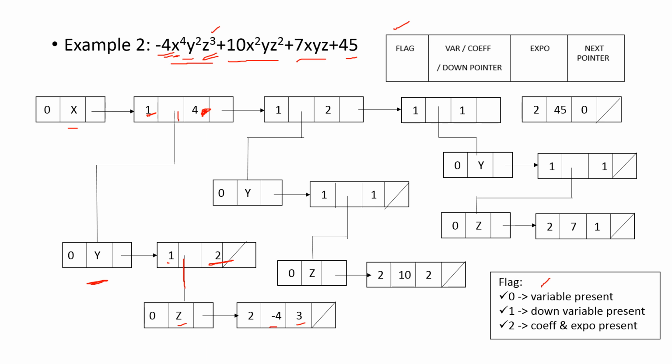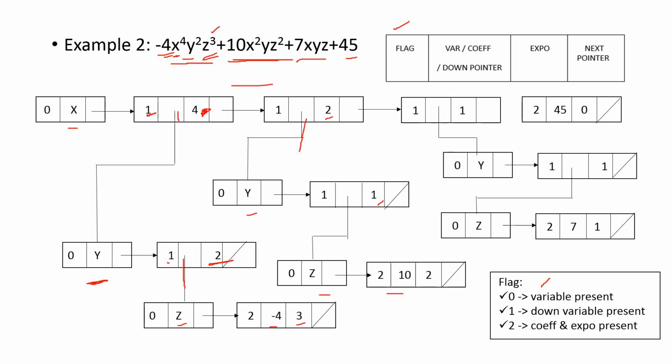Now come to the second one, 10x square y z square. So first we have to write here, this is for x. So we have to go with y and z. So first we are writing for y. Details of y, here details of x, and then come down, you are writing details of z.